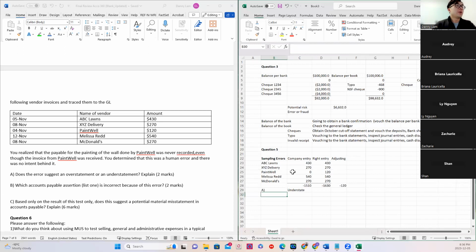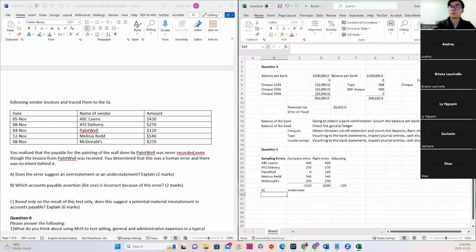So which accounts payable assertions would this be? What do you guys think? Completeness. Brianna, why would you think it's completeness? Because they're missing, like in their records, they're missing, oh, actually never mind, because they have the invoice for it.